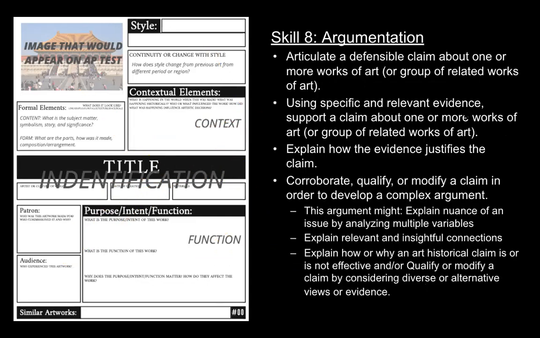And then the last one, number 8, is the only one that's not really covered in your note takers. And that's basically your justification. So you would see a piece of work and you would justify it based on things you already know. So this is kind of like a synthesis of everything you know about art history. So that's kind of a big one, okay?